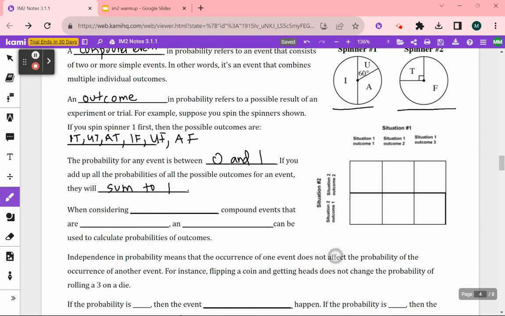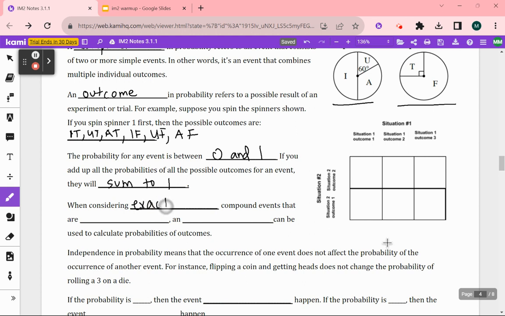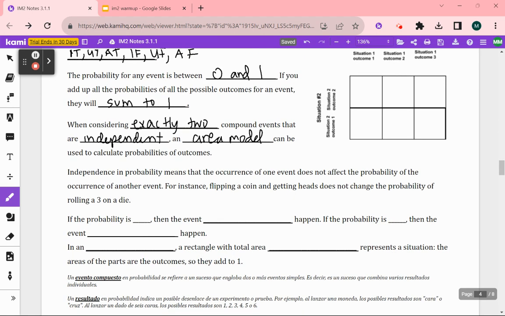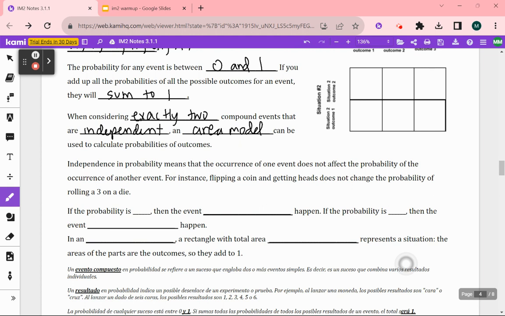When considering exactly two compound events that are independent, an area model can be used to calculate probabilities of outcomes. Independence in probability means that the occurrence of one event does not affect the probability of the occurrence of another event. For instance, flipping a coin and getting heads does not change the probability of rolling a 3 on a die.